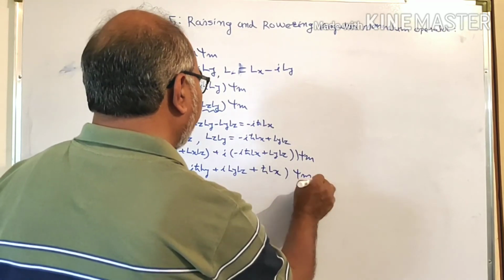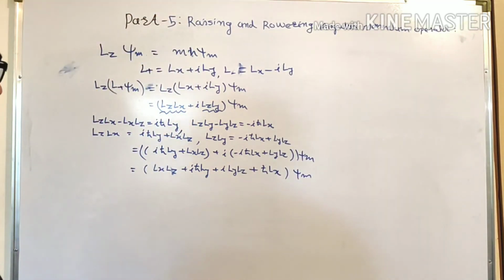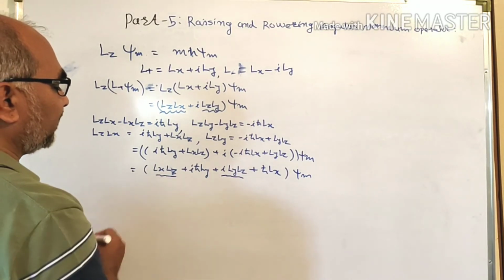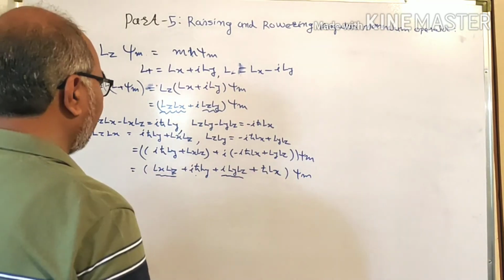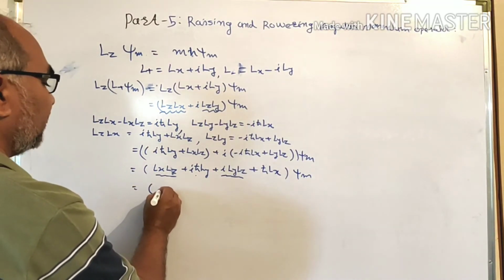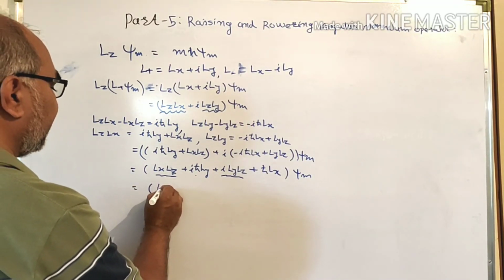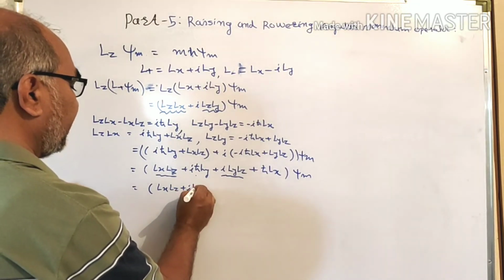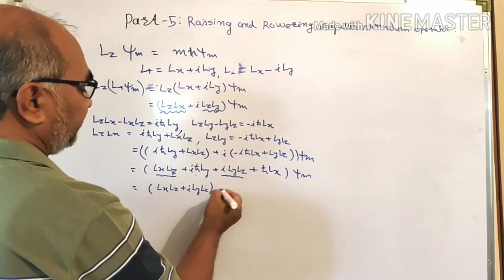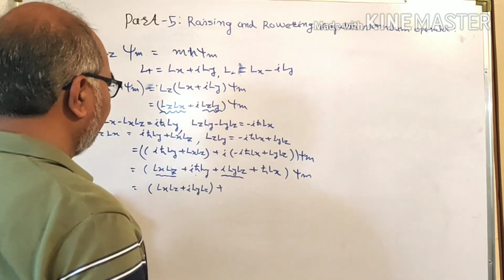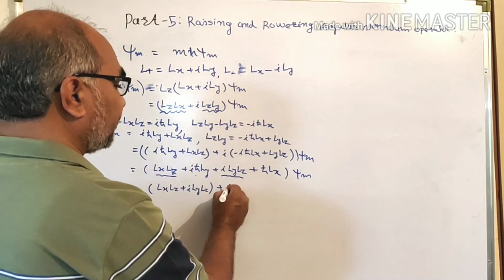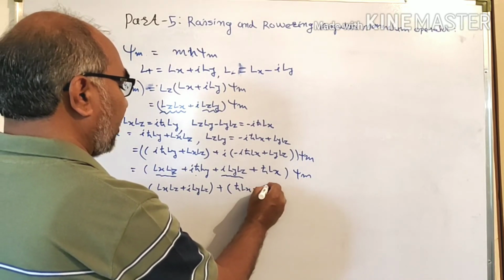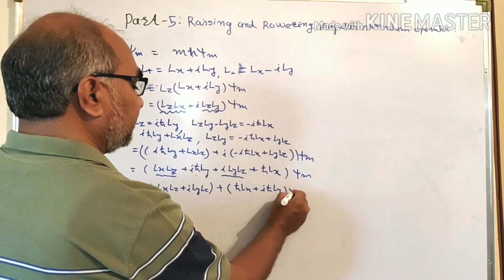Bracket completed, psi m. Now we take this term and this term in common, and we write it as LxLz plus iLyLz, plus the remaining things, that is ħLx plus iħLy, psi m.